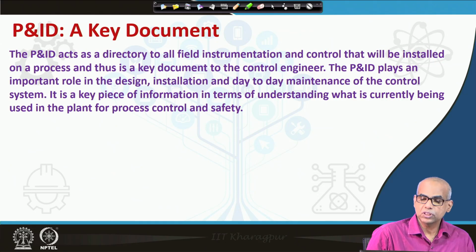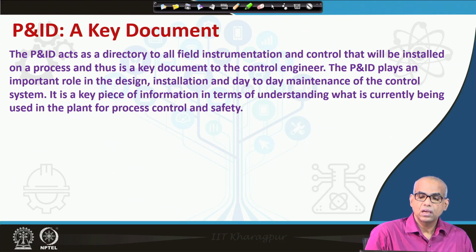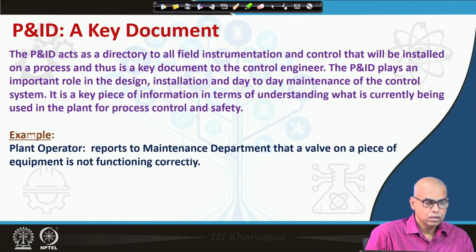The piping and instrumentation diagram plays an important role in the design, installation and day-to-day maintenance of the control system. It is a key piece of information in terms of understanding what is currently being used in the plant for process control and safety. For example, the plant operator sees some malfunctioning with a valve and reports to the maintenance department that a valve on a piece of equipment is not functioning correctly.